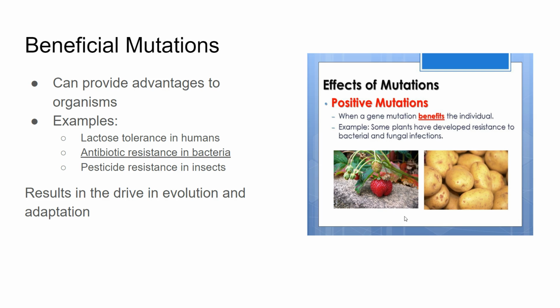Antibiotic resistance in bacteria. So bacteria benefits from this because they are not killed off by antibiotics. Now, it's good for the bacteria, but not good for the host that the bacteria is in, right?